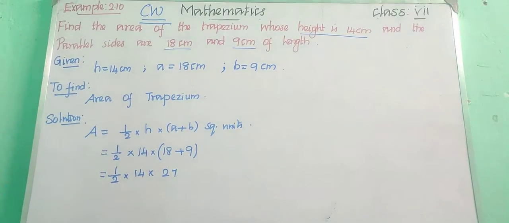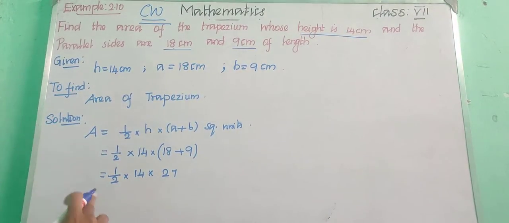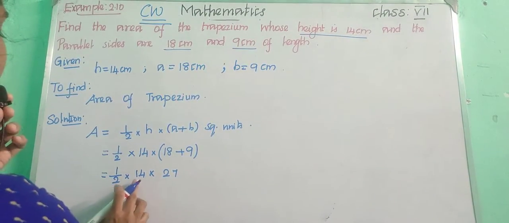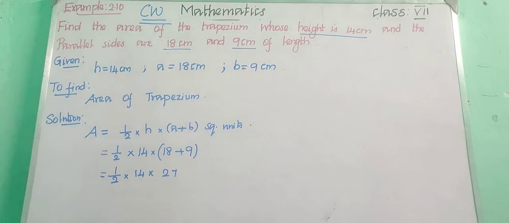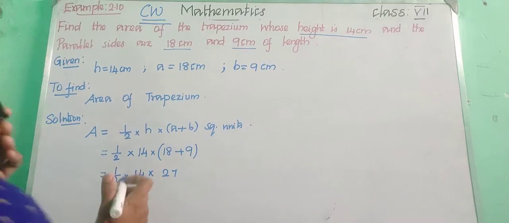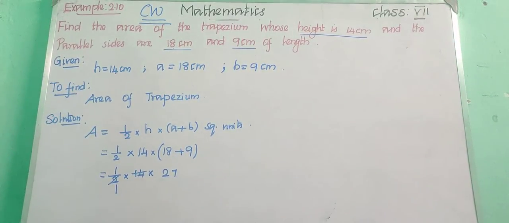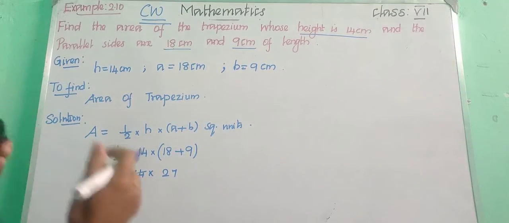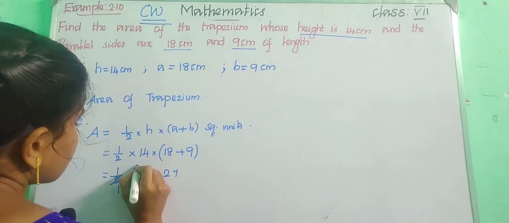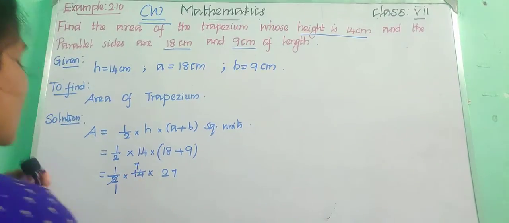Children, see in the denominator 2 is here and here 14, so we can cancel by using the 2 table. 1 2 is 2, 2 2s are 4, 3 2s are 6, 4 2s are 8, 5 2s are 10, 6 2s are 12, 7 2s are 14. So let us put 7.